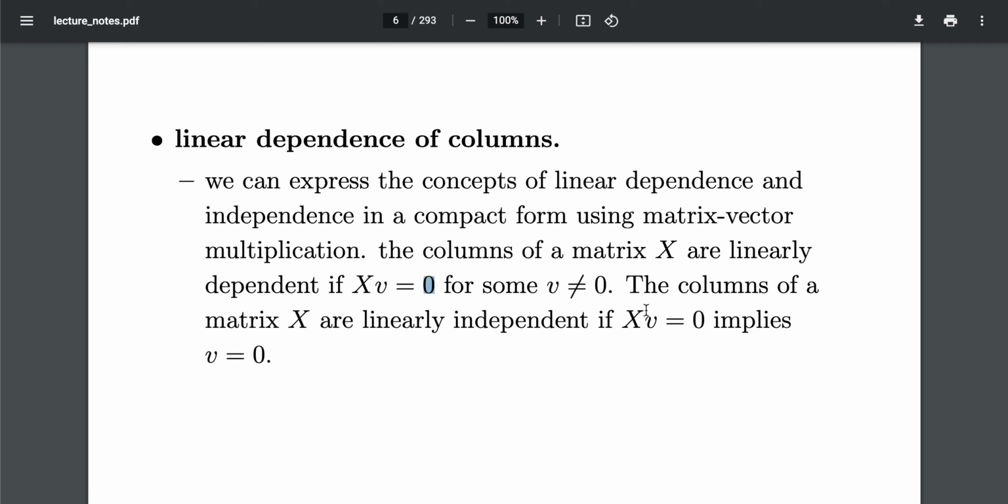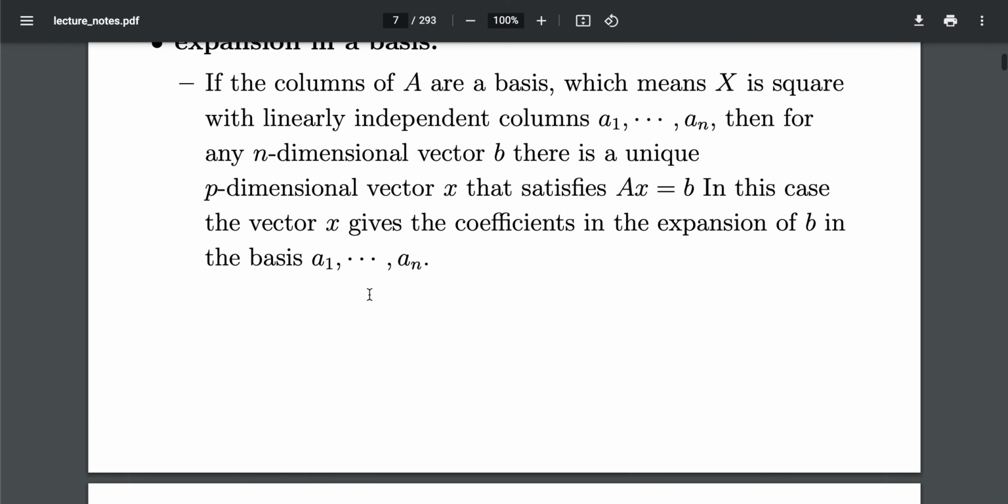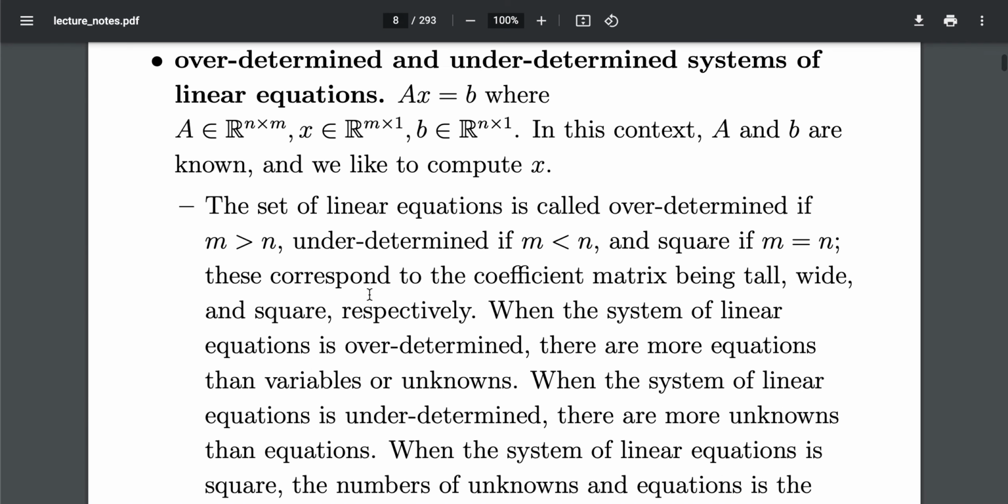So the columns of X are linearly independent if Xv equals 0 only happens when v is 0. But if they are dependent, there is some non-zero v that satisfies this equation.